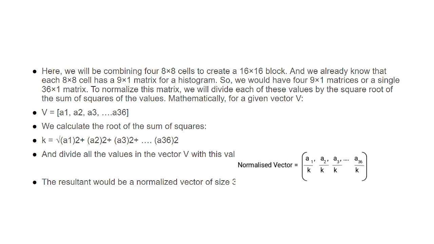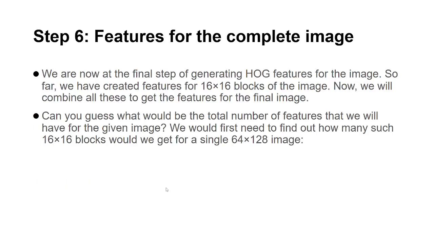To normalize this, we divide each of these values by the square root of the sum of squares of the values. Mathematically, v is equal to a1, a2, up to a36. We calculate the square root of a1 squared plus a2 squared up to a36 squared, and divide all the values in the vector v by this value. The result is a normalized vector of size 36 by 1.